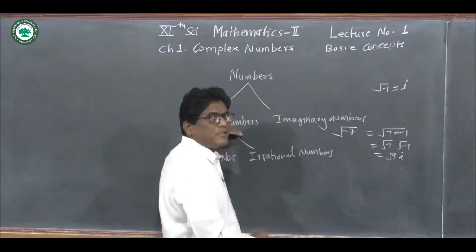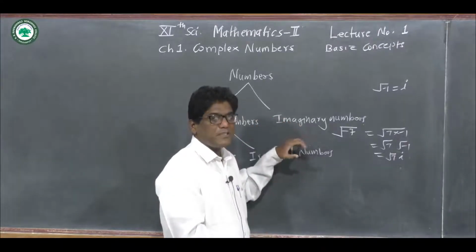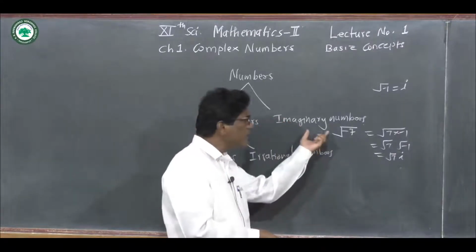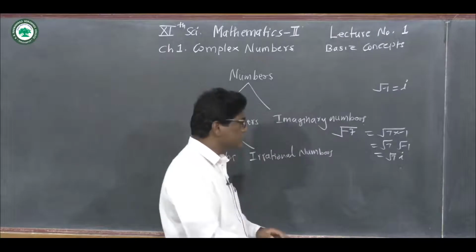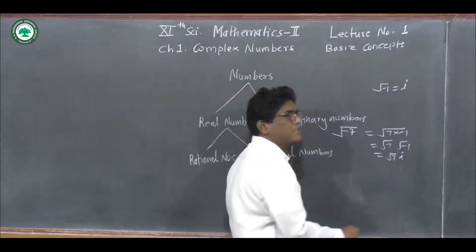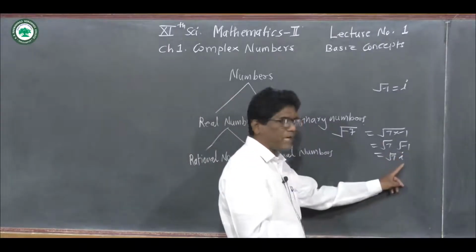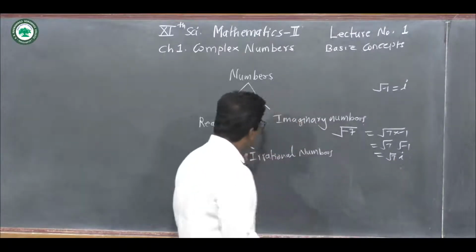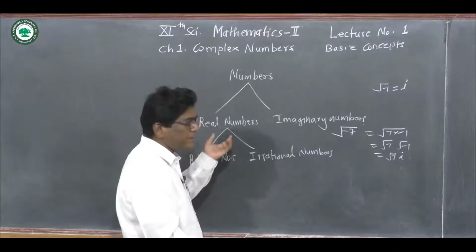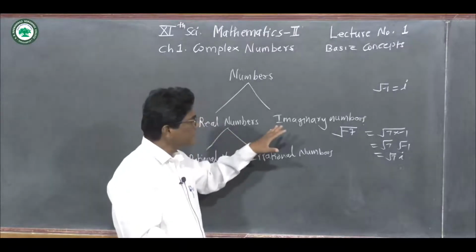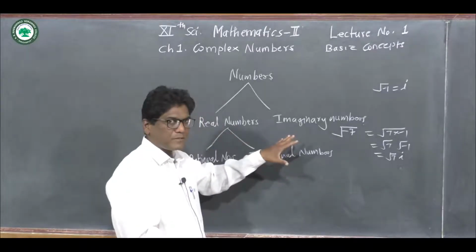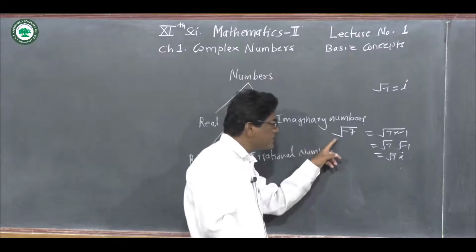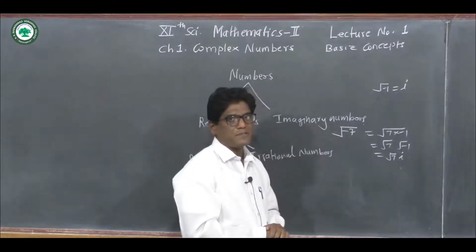Real numbers and imaginary numbers, we imagine this. Such types of numbers which are in the form of i are imaginary numbers. So we know now the numbers are divided into two parts, real numbers and imaginary numbers. Imaginary numbers means square root of a negative number.